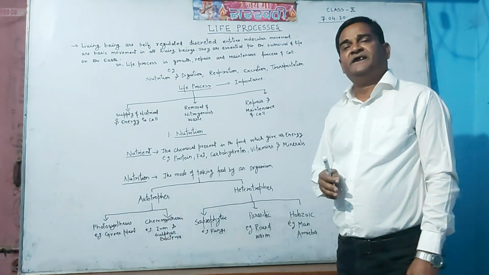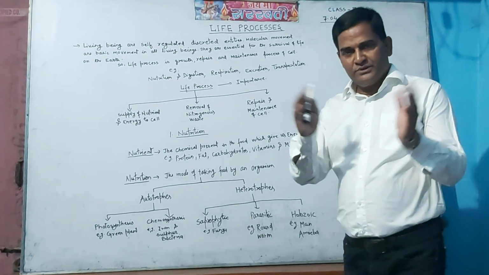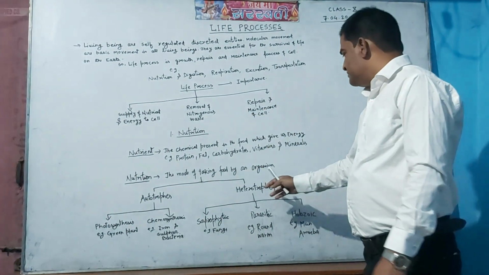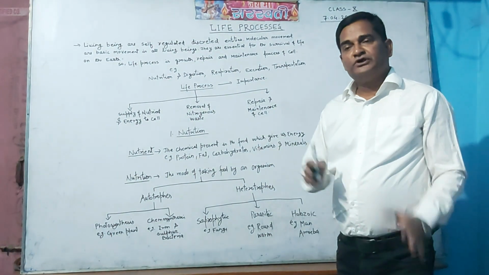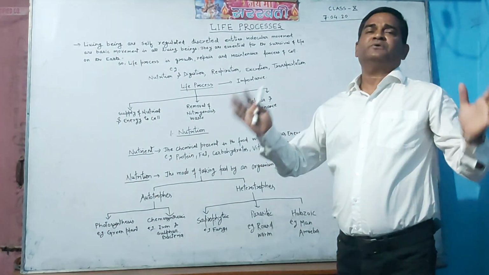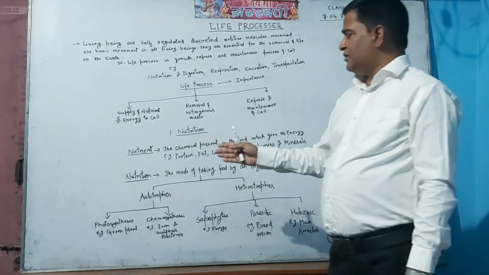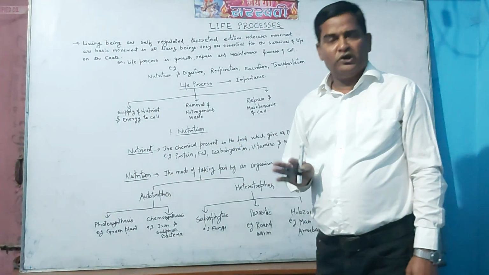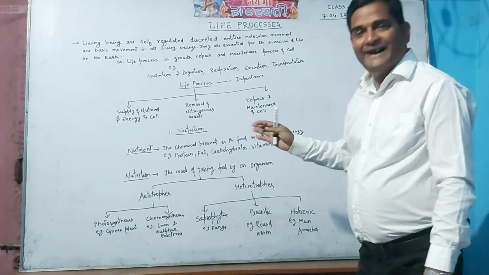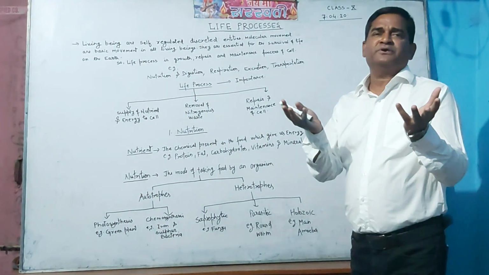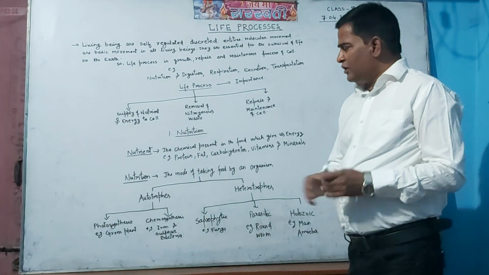Hetero, H-E-T-E-R-O. Hetero means different, and troph means nutrition. So if an organism cannot produce its own food, it is said to be heterotroph. Generally all green plants are autotrophs. We are heterotrophs because we cannot produce our own food.